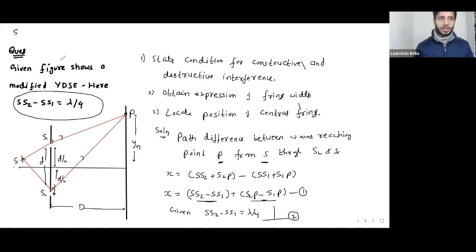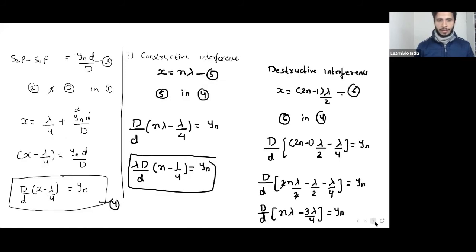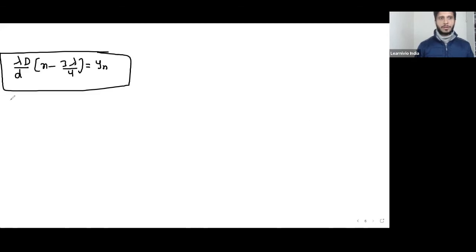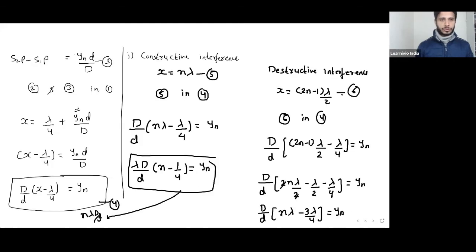When this source was at the perpendicular bisector, instead of this, the equation was n lambda D by d. Instead of this, the equation was 2n plus 1 lambda D by 2d. But just due to displacement of this source, the definitions get changed.